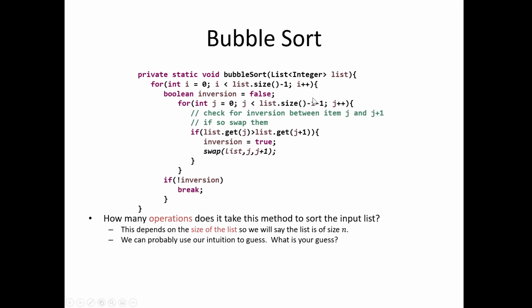But in this case, we're stopping after we've checked in our pass all of these neighboring pairs, if they're out of order. Now, let's think about our first pass. In the first pass, our i is 0, so we stop right before the last element. In that case, we've gone through the entire array and compared one element at a time to its neighbor and swapped them if they were out of order.